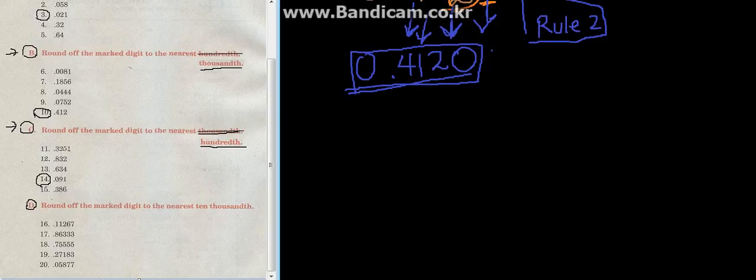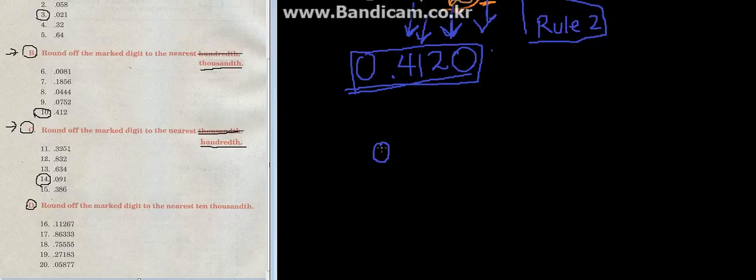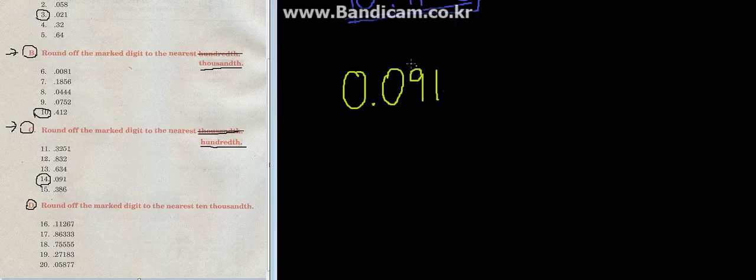For number 14, we have 91 thousandths, and we want to round it off to the nearest hundredth. This place. So the marked digit will be the 9. I will circle it. This is the marked digit.